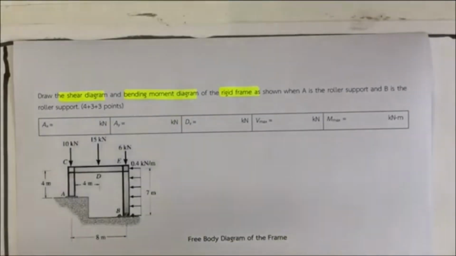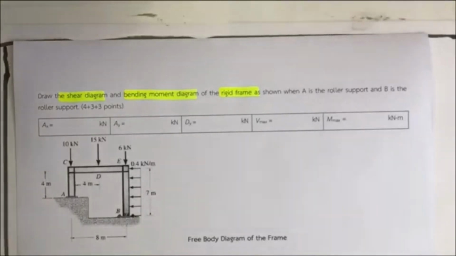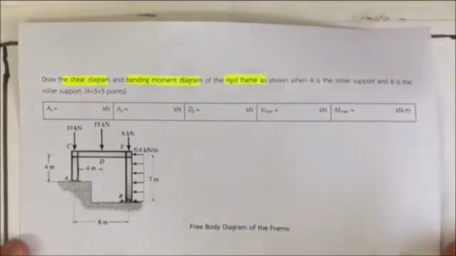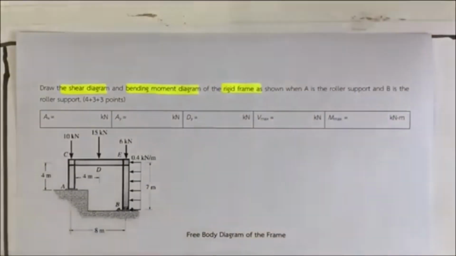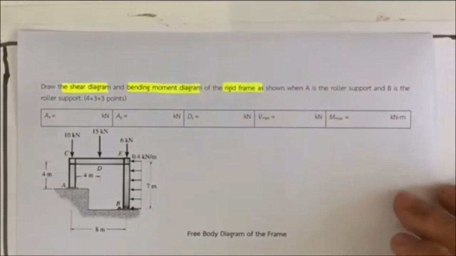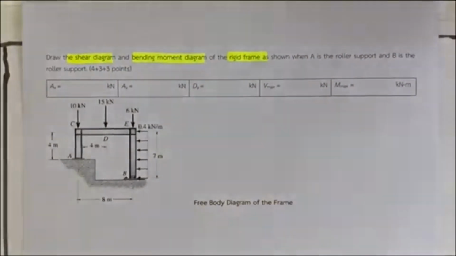The final product of this analysis is the maximum shear and the maximum moment, which can only be determined by drawing the shear diagram and bending moment diagram. If you recall, in the analysis of the beam and the frame, we start by using the equations of equilibrium to determine the reactions at the supports of the beam or the frame.